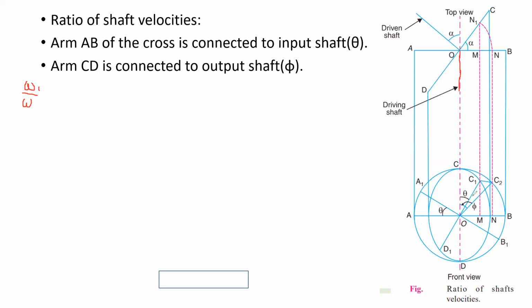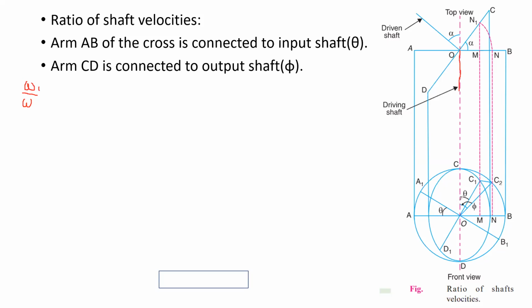But as arm CD is moving in an inclined plane, you will see that the arm CD is moving in an ellipse, in an elliptical path. Getting it? Because the plane in which arm CD is rotating is inclined to the observer.